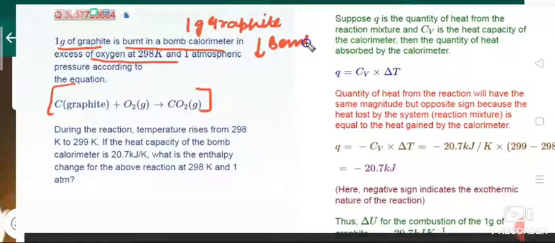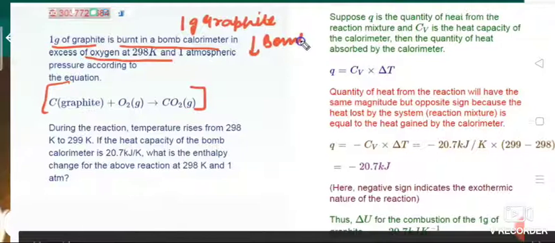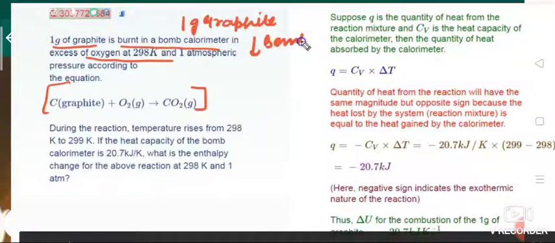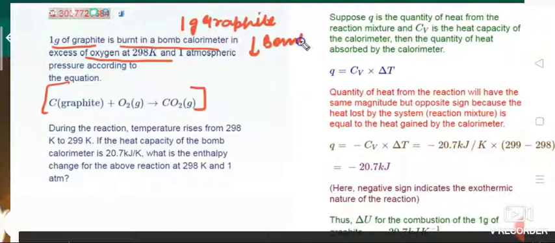Here in the given problem, 1 gram of graphite is burnt in a calorimeter. In a calorimeter, whatever substance you are burning, the heat energy released or absorbed will change the temperature of the calorimeter. A calorimeter should be made of a good conductor.